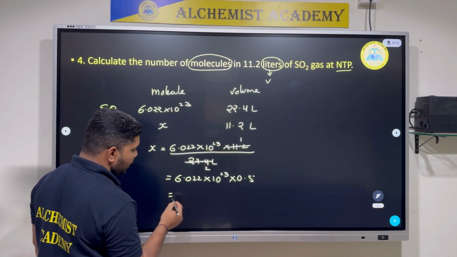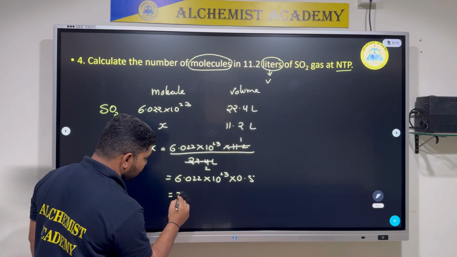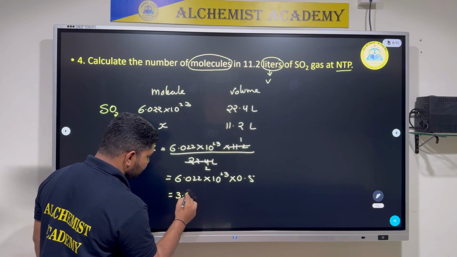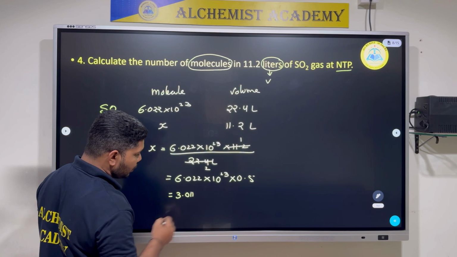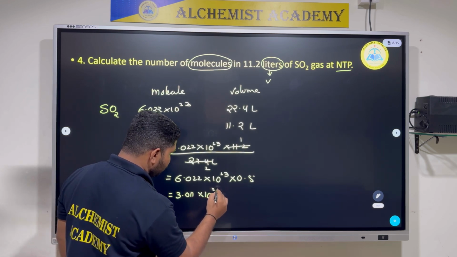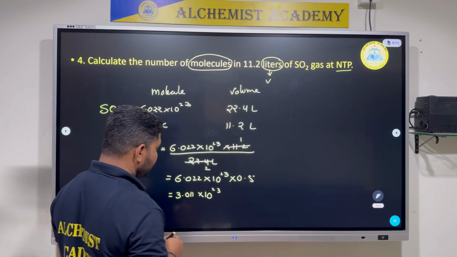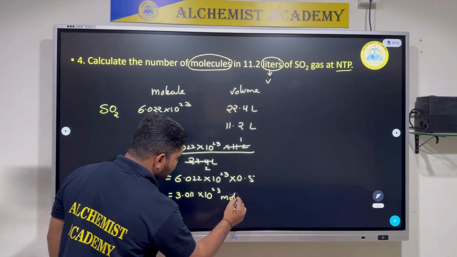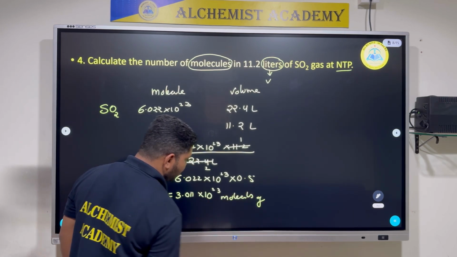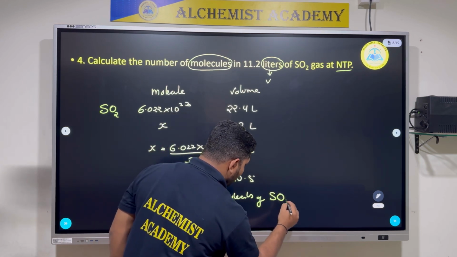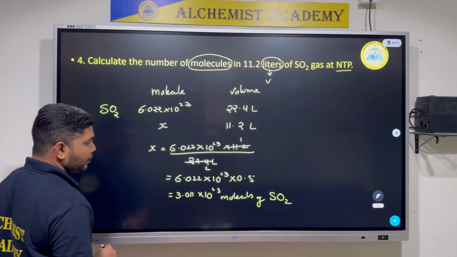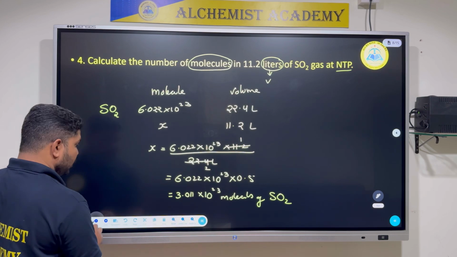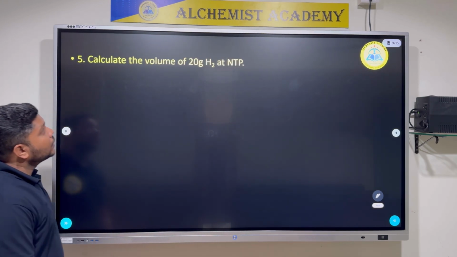Now if you multiply this by 5, then you will get around 3.011 into 10 raised to 23. Okay, so these are the molecules of SO2.